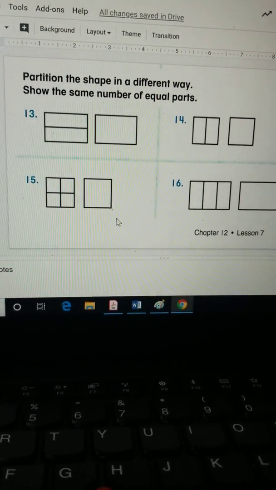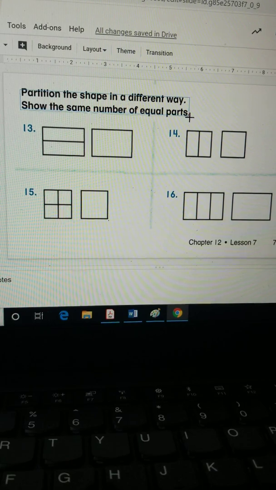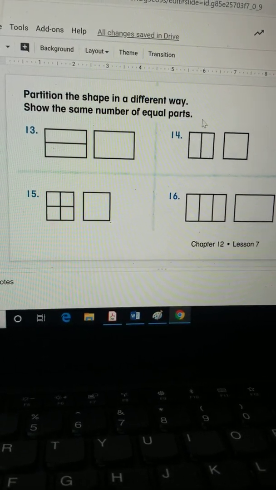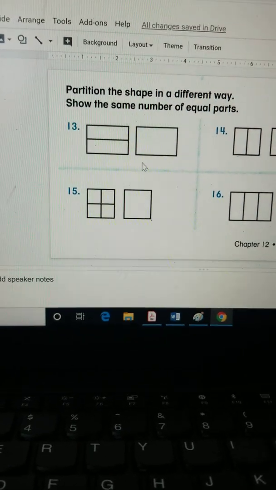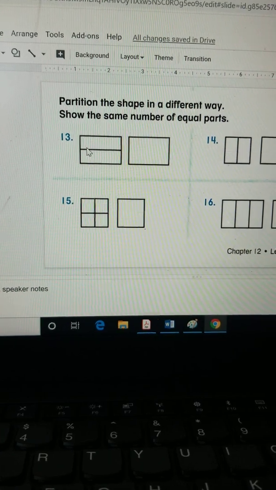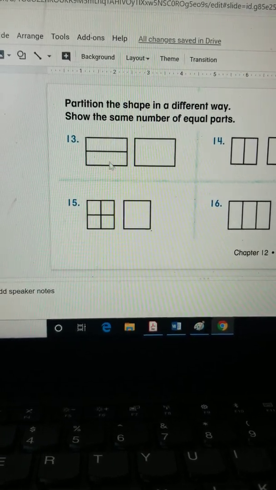Here they ask you to partition the shape in a different way, showing the same number of equal parts. So let's use a different one. We'll use this one. Here, I can see that it is partitioned into two halves, the top and the bottom.